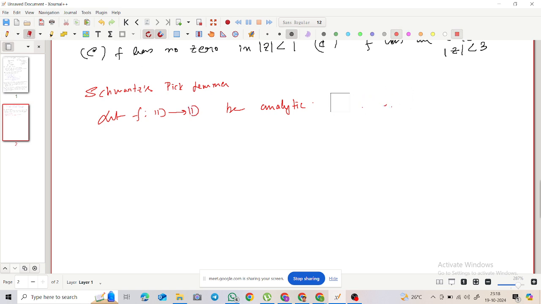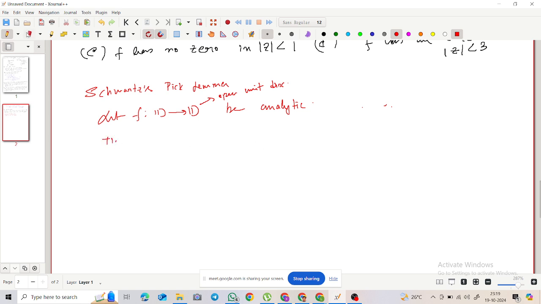Just write this, the open unit disk, right? Then mod of f'(z) is less than or equal to 1 minus mod of f(z) squared by 1 minus mod of z squared for all z belongs to D.